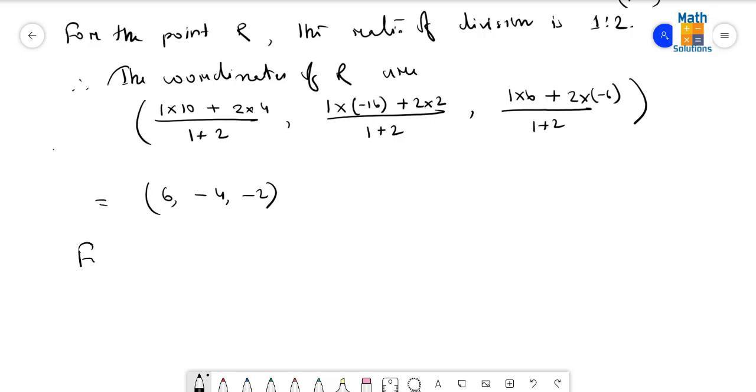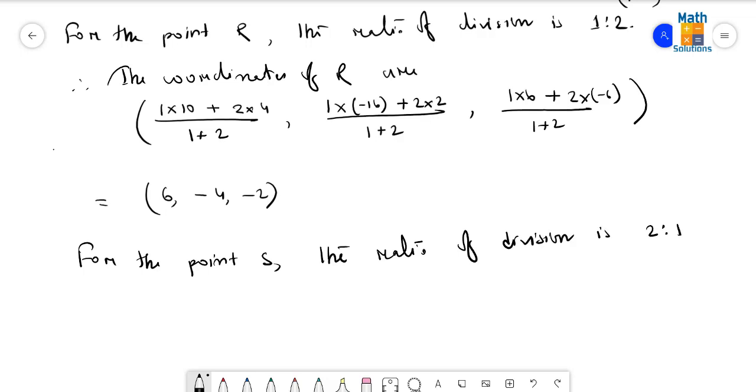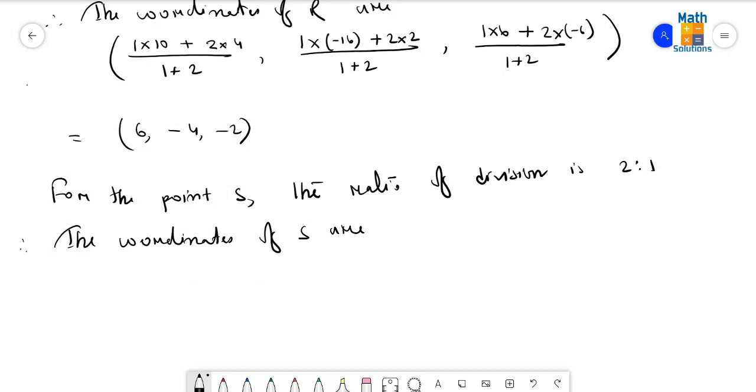Similarly, for the point S, the ratio of division is 2:1. Therefore, the coordinates of S are, in what way can it be written? (2 × 10 + 1 × 4)/(2 + 1). Am I right?